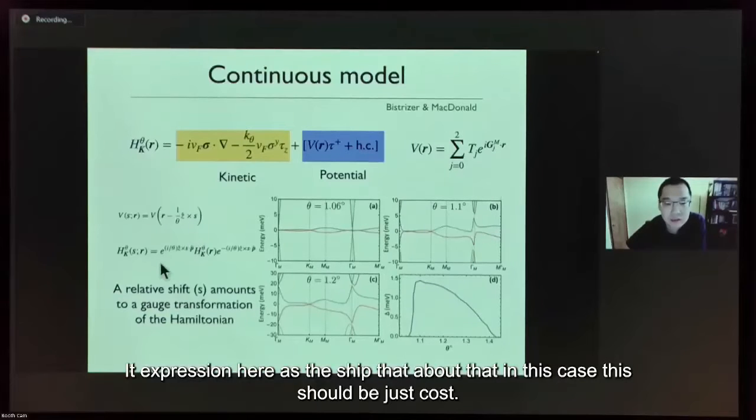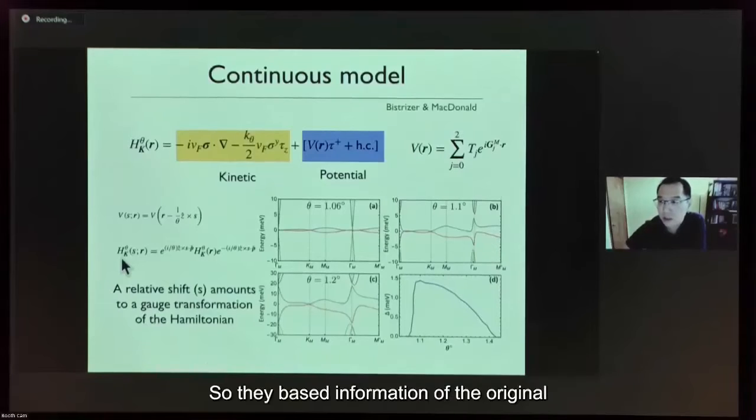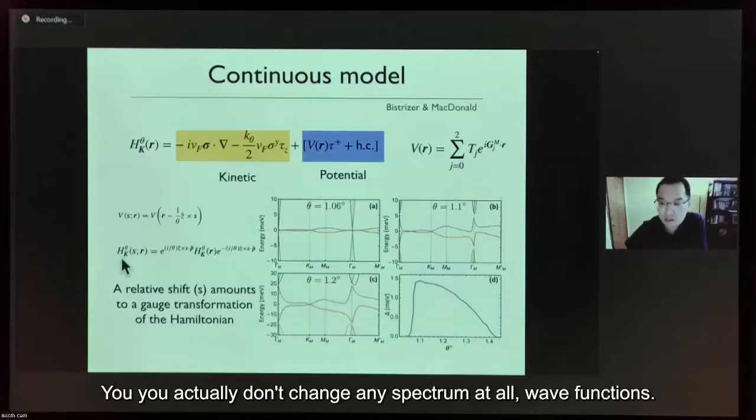And in this case, it's really just corresponding to a gauge transformation of the original Hamiltonian. So therefore, when you are doing a shift, you actually don't change the energy spectrum at all. What you are changing is actually the phase hidden in these wave functions.